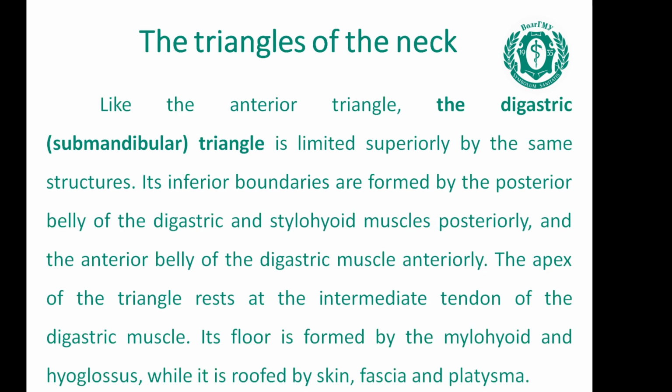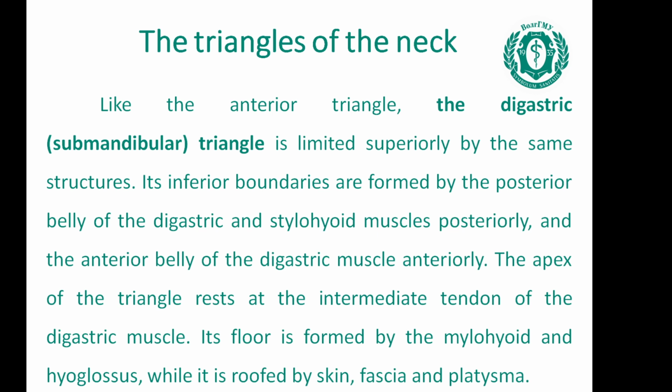Like the anterior triangle, the digastric or submandibular triangle is limited superiorly by the same structures. Its inferior boundaries are formed by the posterior belly of the digastric and stylohyoid muscles posteriorly, and the anterior belly of the digastric muscle anteriorly.